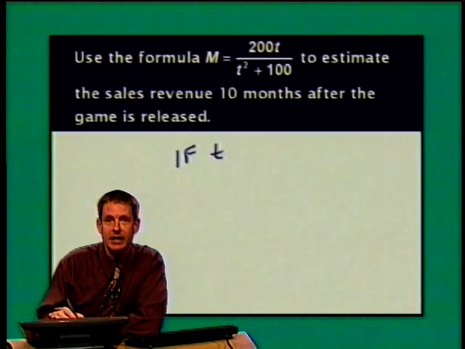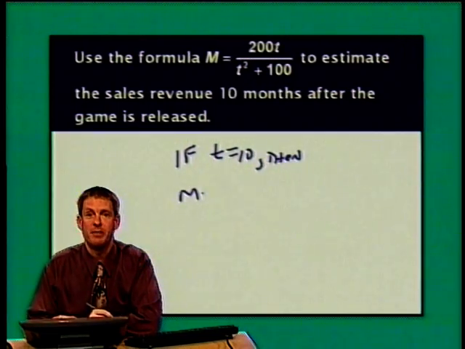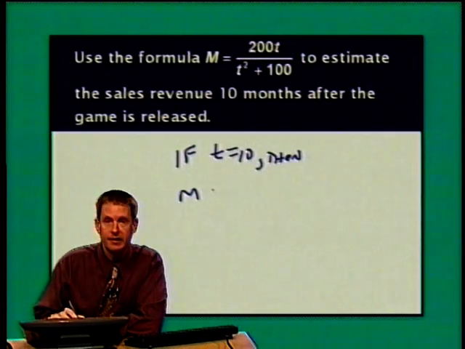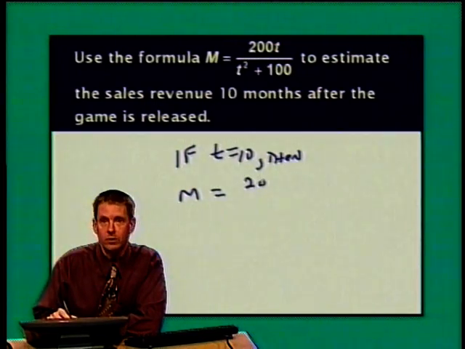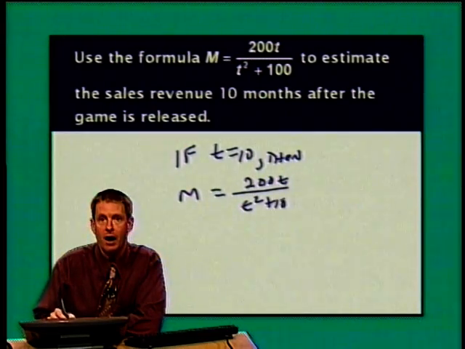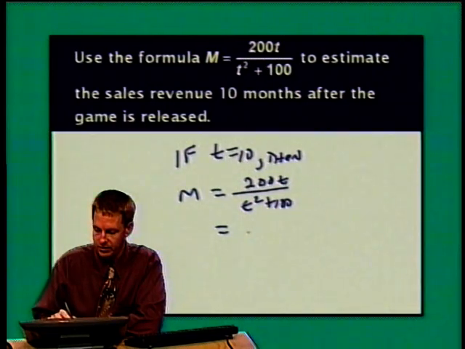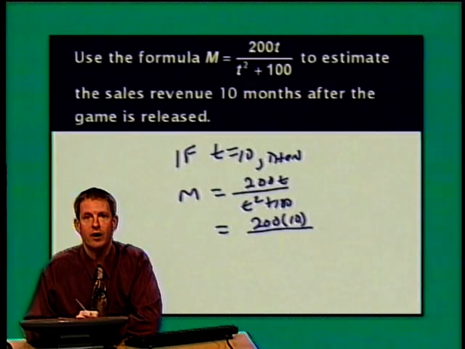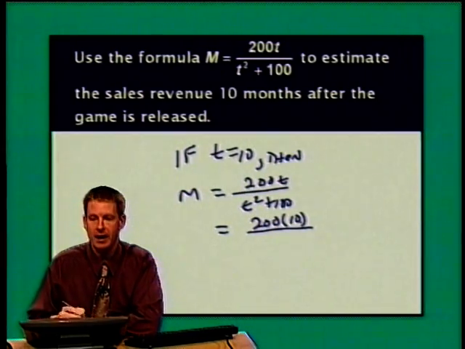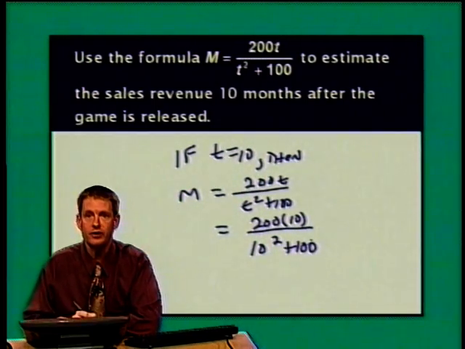If t equals 10, then our monthly revenue, which is represented by the letter M, is equal to 200t over t squared plus 100. And if t is 10, this expression is equal to the fraction whose numerator is 200 times 10 and whose denominator is 10 squared plus 100.